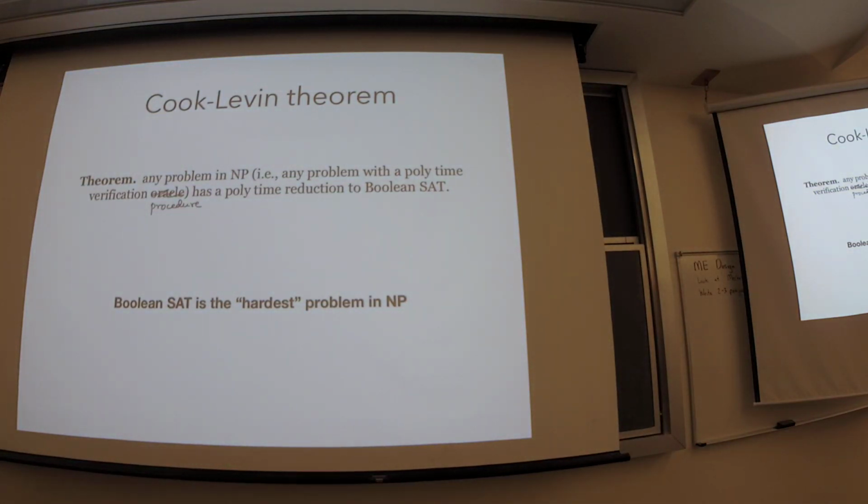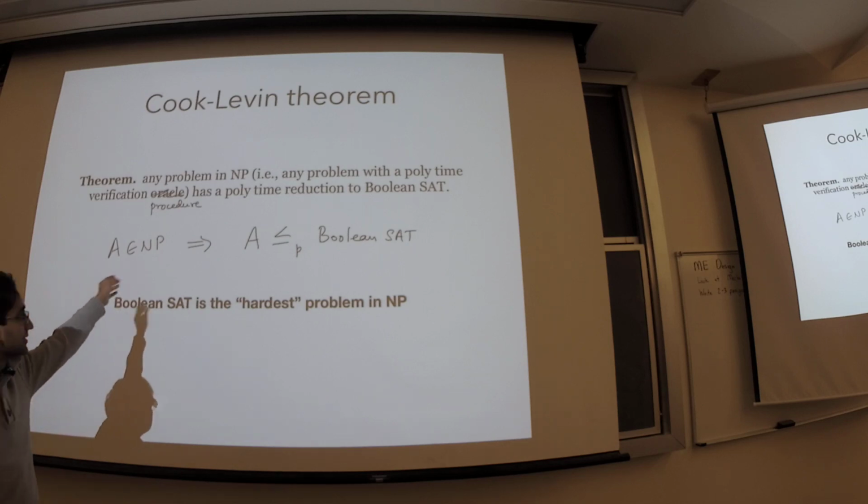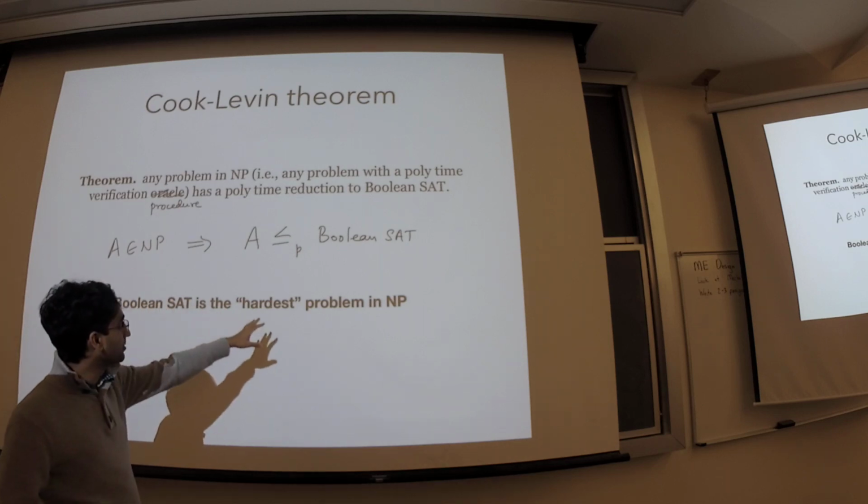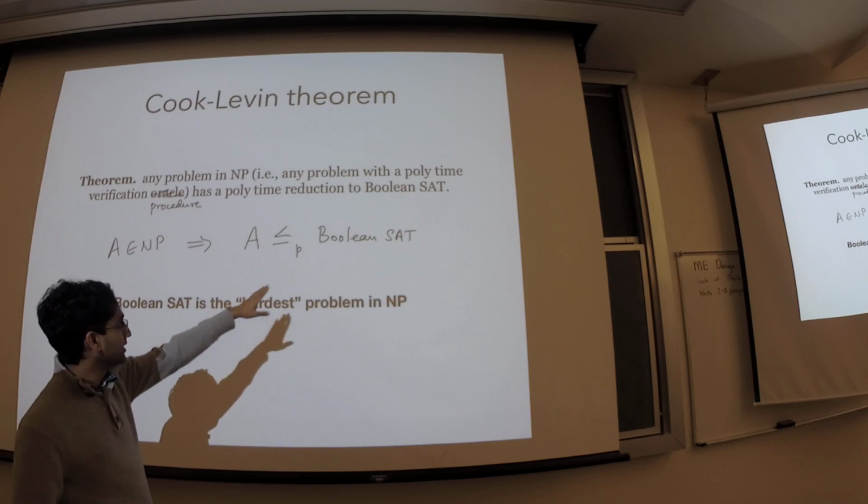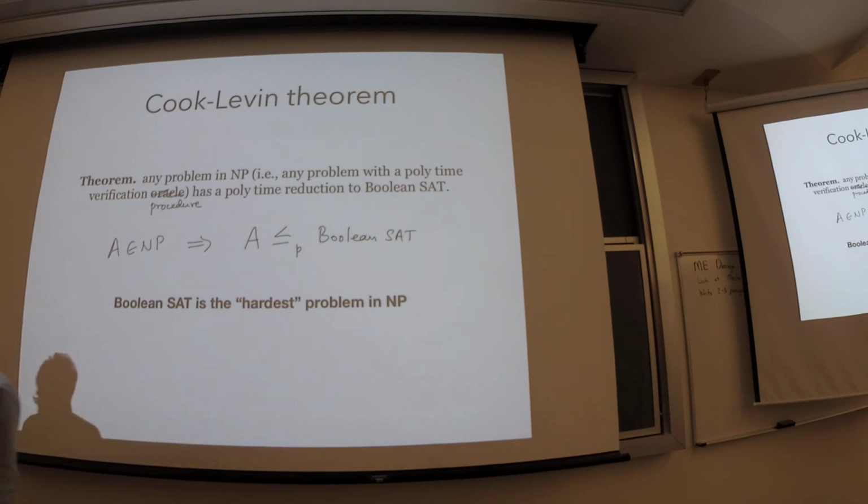So you have some problem A in NP. This is what the Cook-Levin theorem says, and that's effectively like saying that any problem in NP reduces to this. So Boolean sat is in some sense the hardest problem in NP.